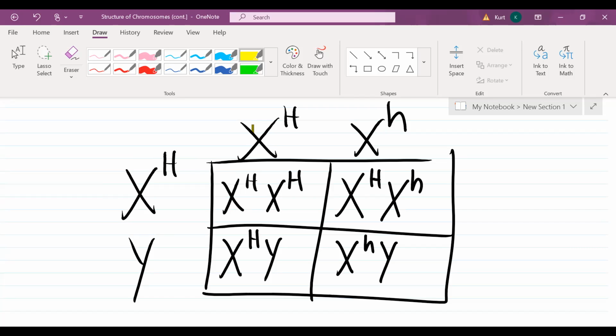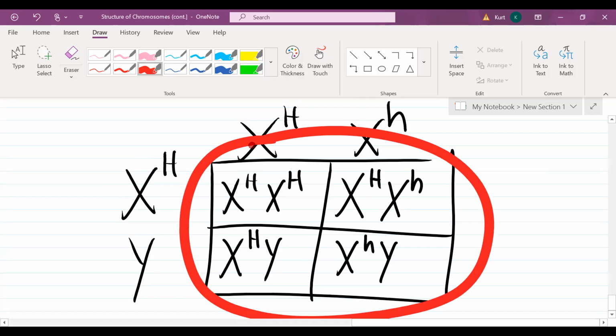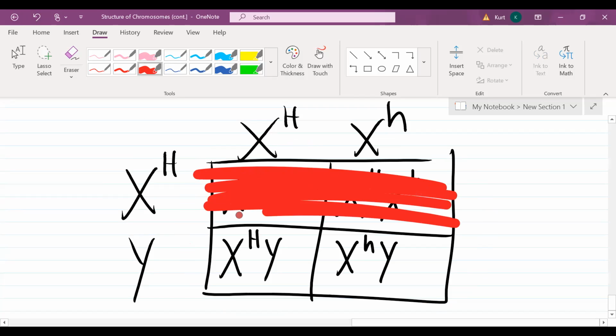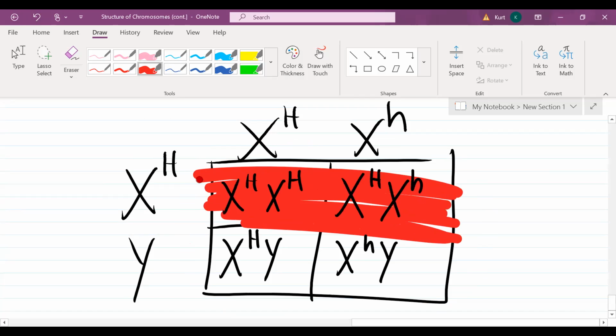What percent of their sons will be colorblind? You see the difference here? The answer is 50%. Because if I say what percent of their children, I'm talking about this entire Punnett square. But when I say what percent of their sons, we're not even talking about the daughters anymore, just the sons. And so it would be 50%.